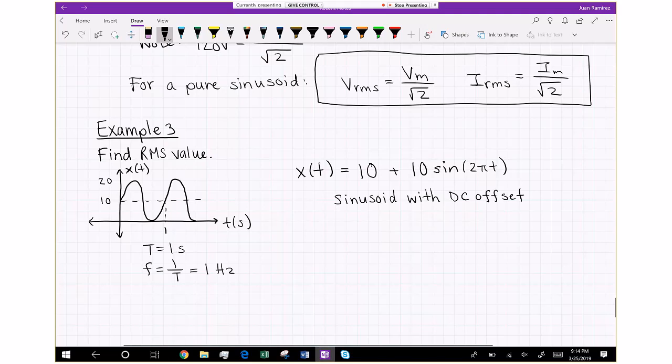And it's not very uncommon to have a sinusoidal signal with a DC offset. In fact, a lot of times in measurement systems, we want our signals all in DC. We all want them to be positive, because a lot of times we only have positive DC voltage relative to some point we call ground or reference. But maybe we're measuring an AC signal or an AC value.